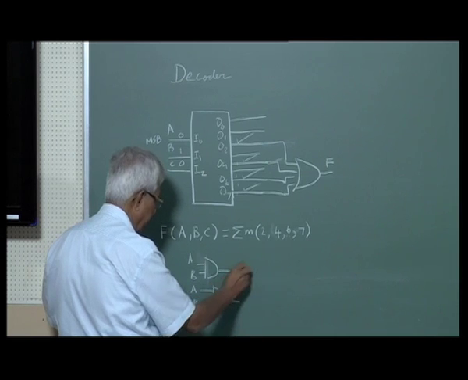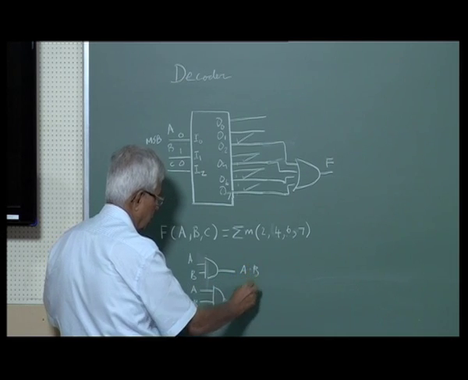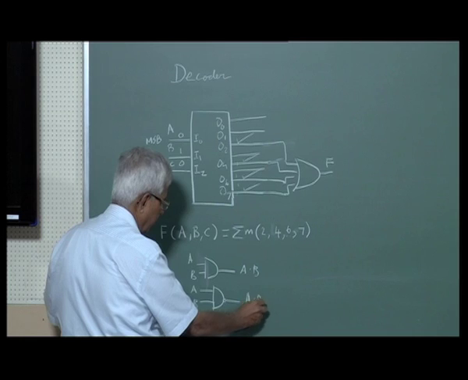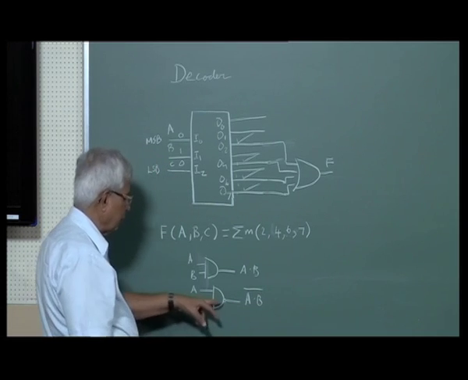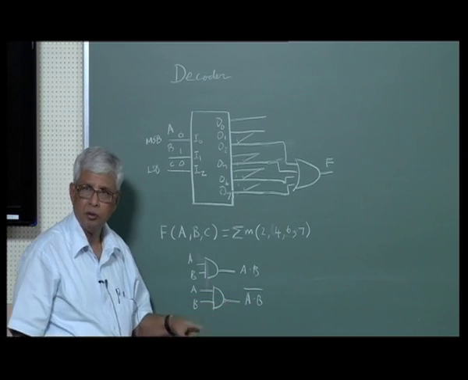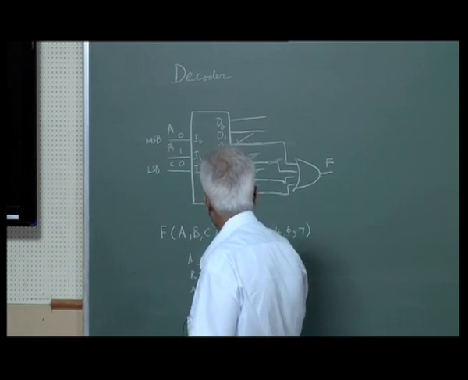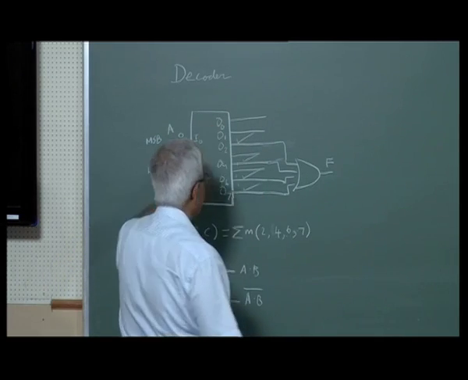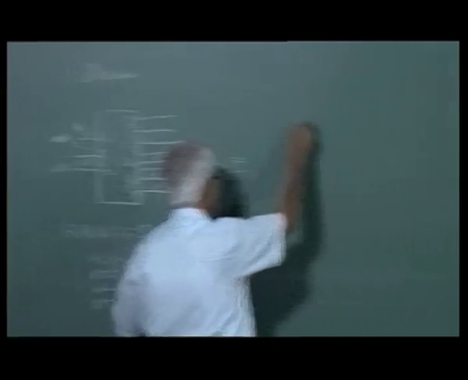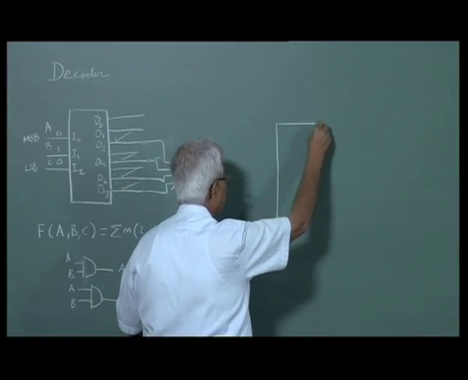This is A and B, this is A and B bar. So, many times we would like to have negative output for many reasons. I can also have a decoder whose outputs are negative rather than positive. Suppose I have a same decoder with same 3 inputs.